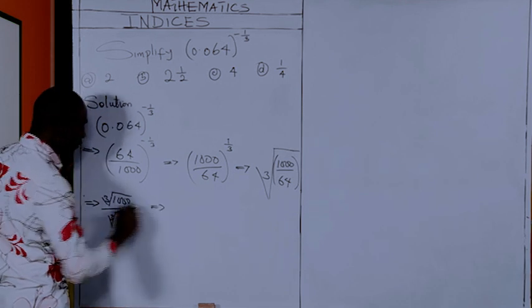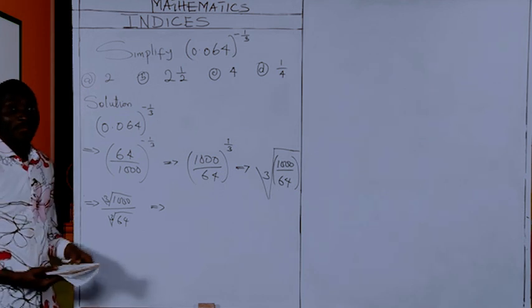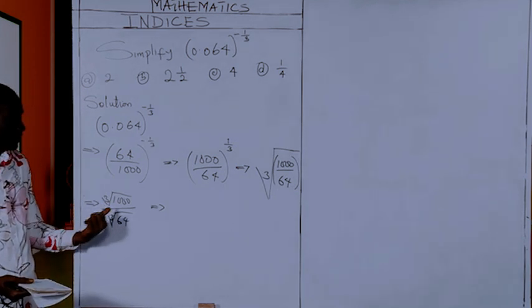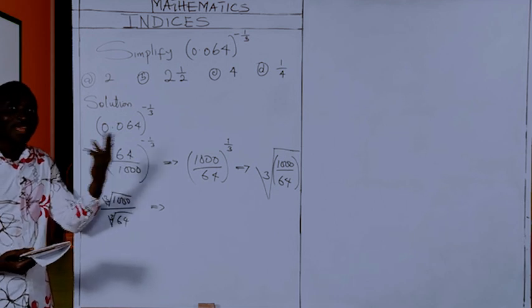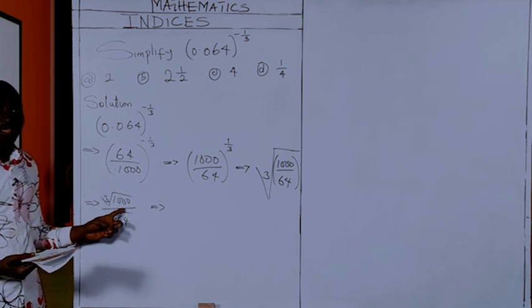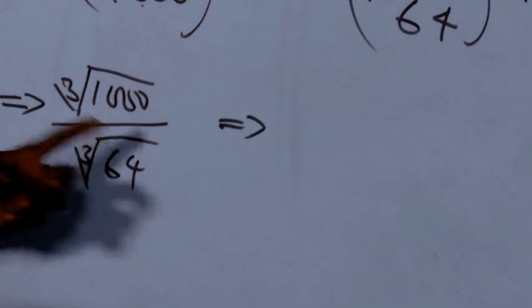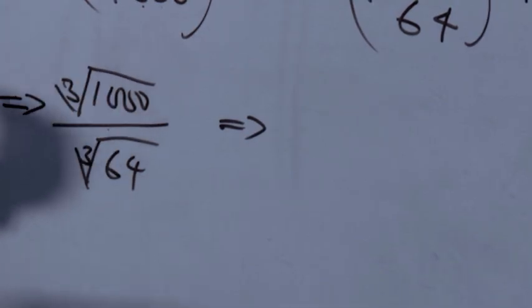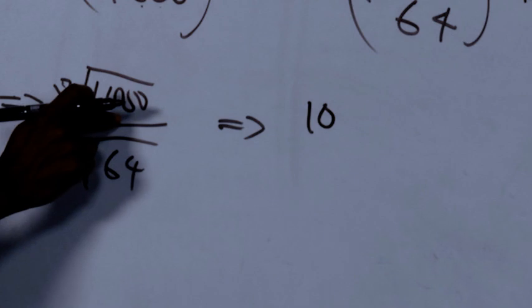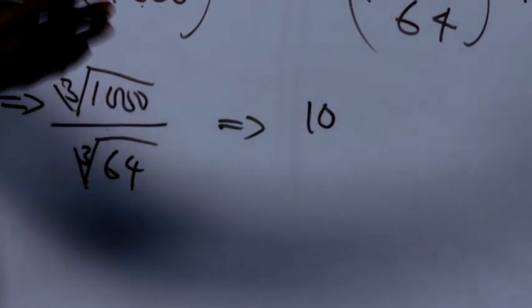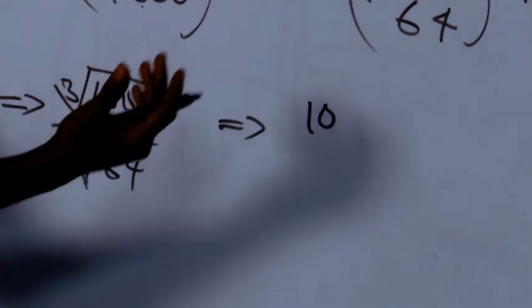This will give us the cube root of 1000. The meaning of cube root of 1000 is: what is the number that will multiply itself 3 times to give 1000? That number is 10, since 10 times 10 times 10 gives 1000.